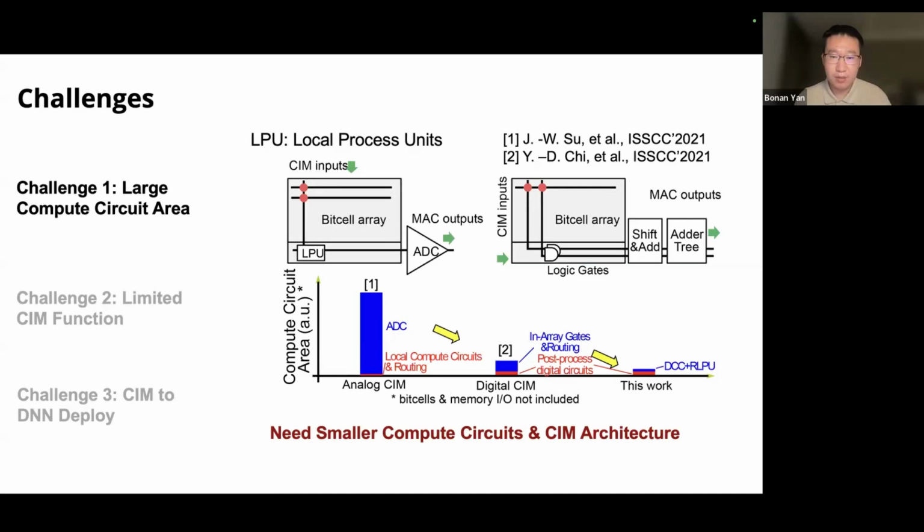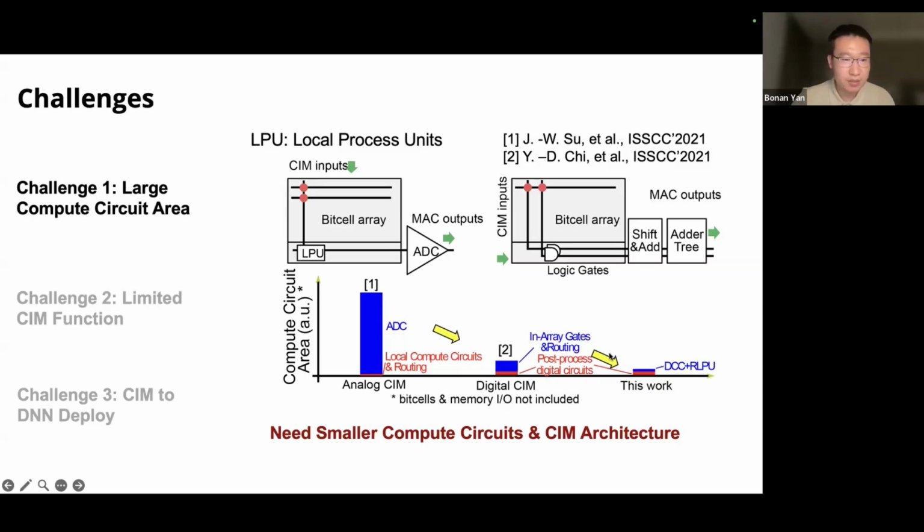We can either put the ADC beside the bit cell array, or put digital shift-and-add and adder trees onto the chip. But the overhead of the additional in-memory computing circuits is really large, even larger than the memory array itself. So this is the first challenge.